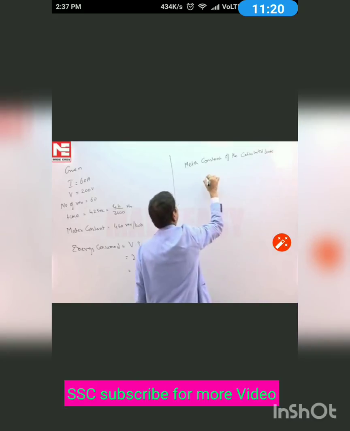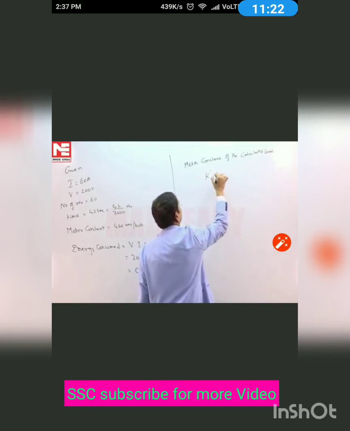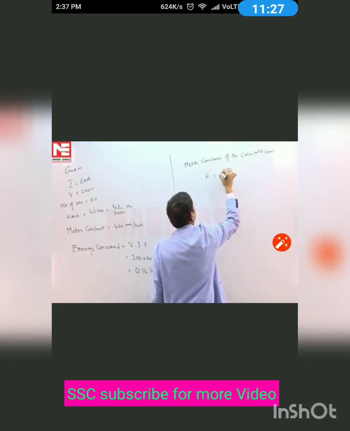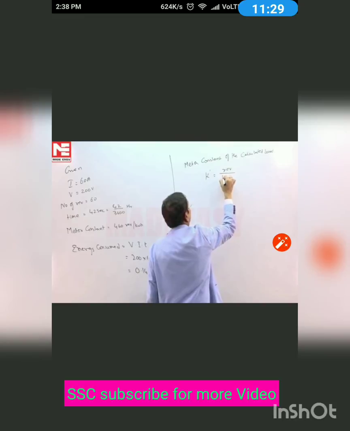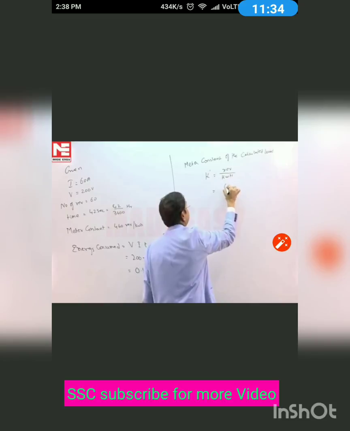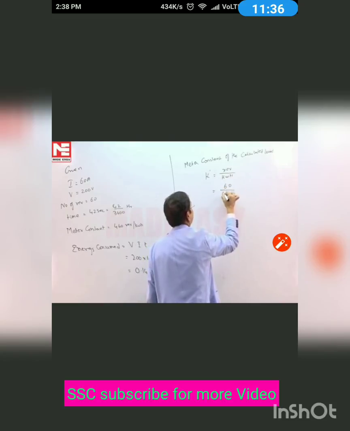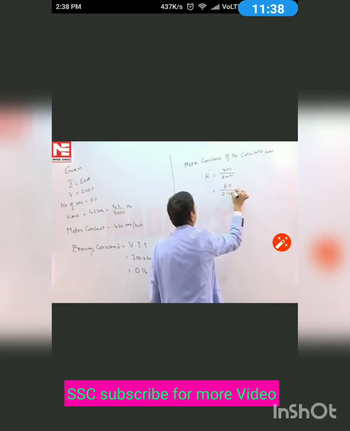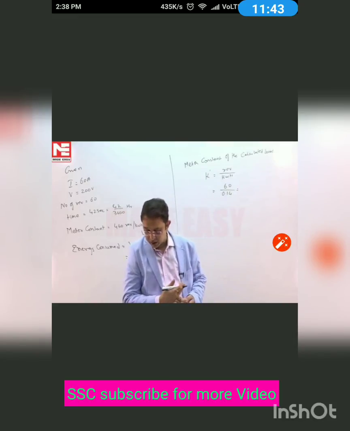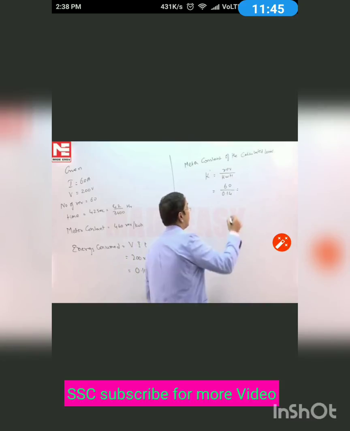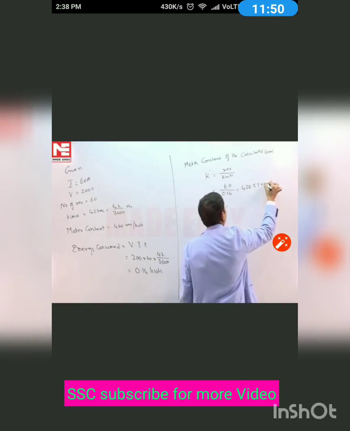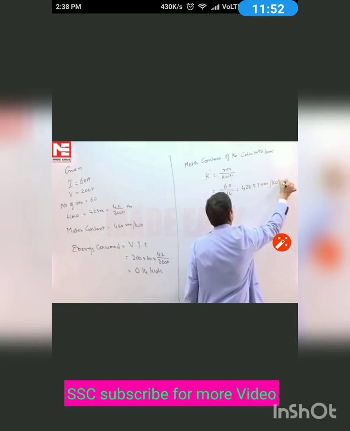The meter constant K dash is going to be equal to the number of revolutions divided by the kilowatt hour. The number of revolutions given is 60, divided by the energy we have just calculated as 0.14. 60 divided by 0.14 is going to be 428.57 revolutions per kilowatt hour.